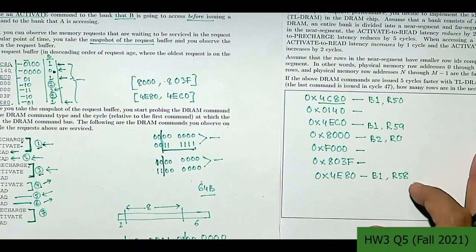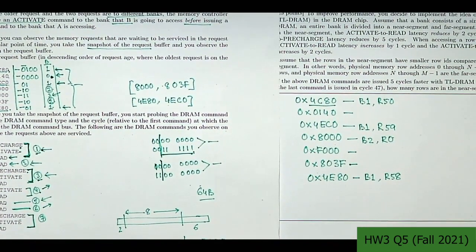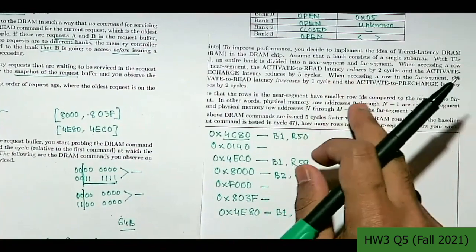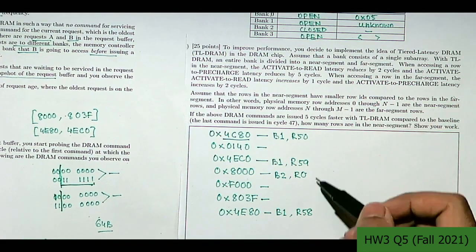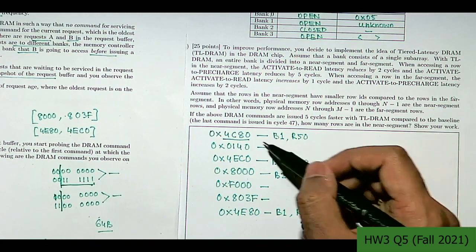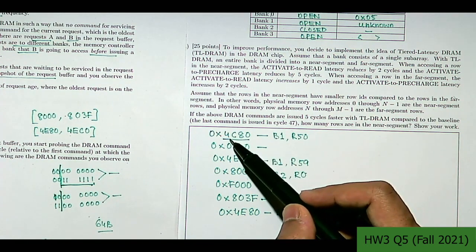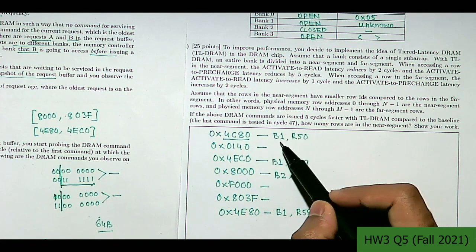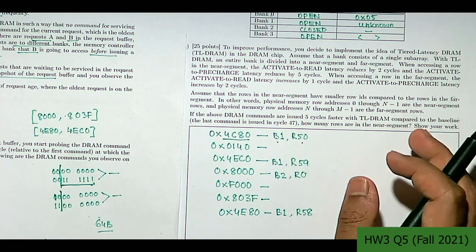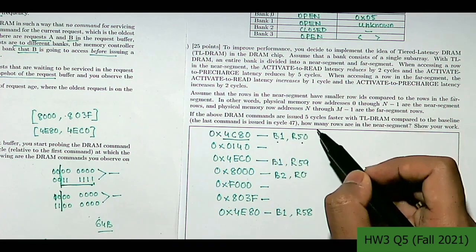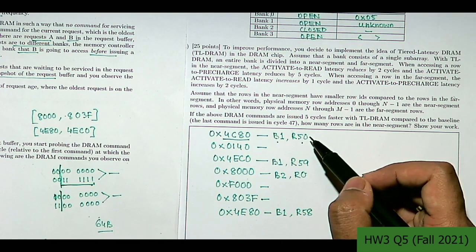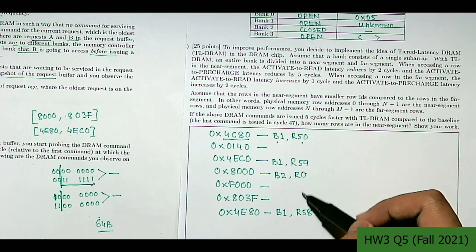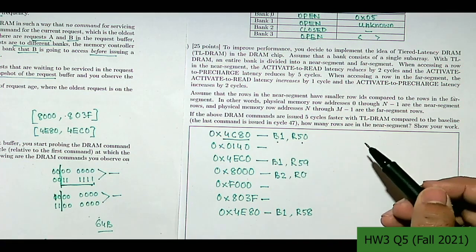Now what we need to see is what information we know. We know the latency sensitivity of the far segment and the near segment. That's one thing. And the second thing we know is that these are the accesses which generated an activate request, and these accesses are happening to this bank and this row. Just by seeing this, you can probably get an idea that it might be somewhere between 58 or 59 or maybe 50.